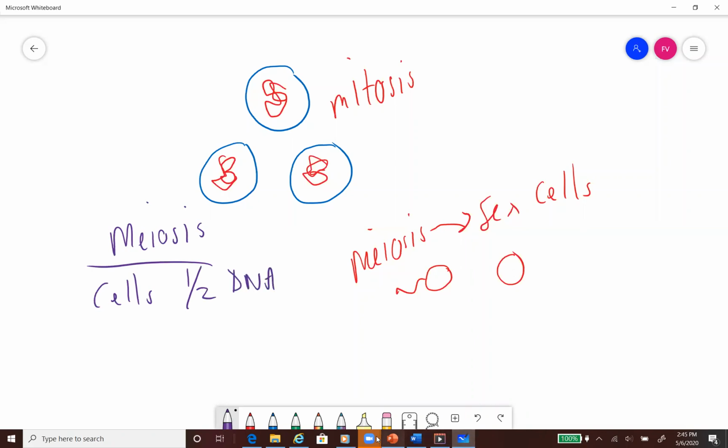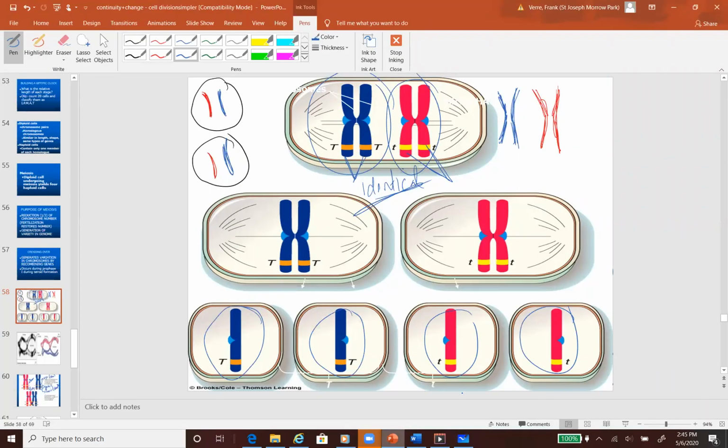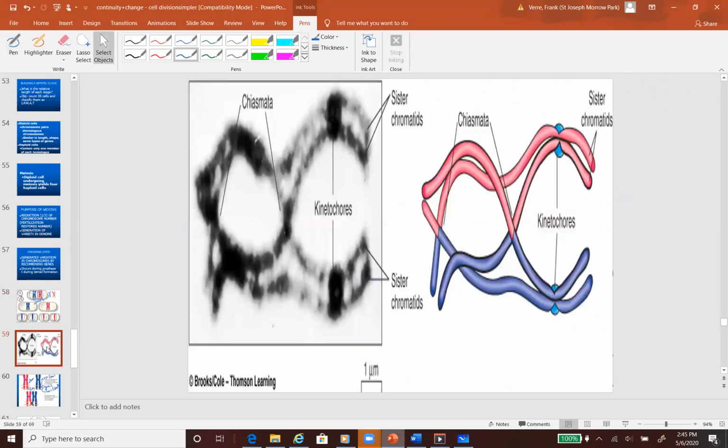That's a huge difference. The other big difference is that there's another process that actually happens in meiosis that does not happen in mitosis. And it's a process called crossing over, all right?